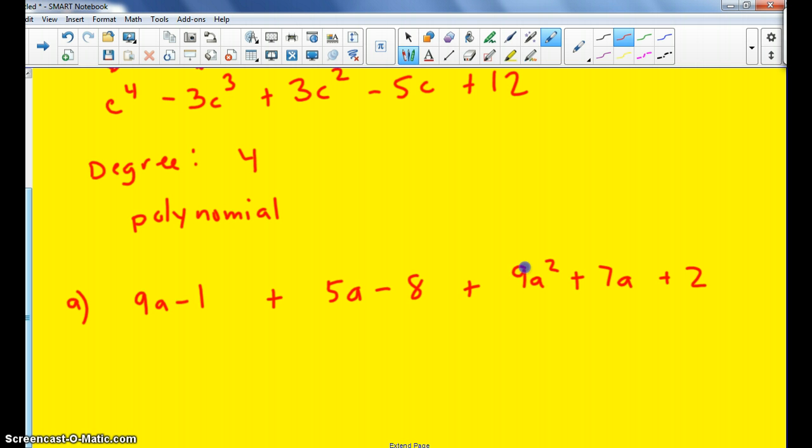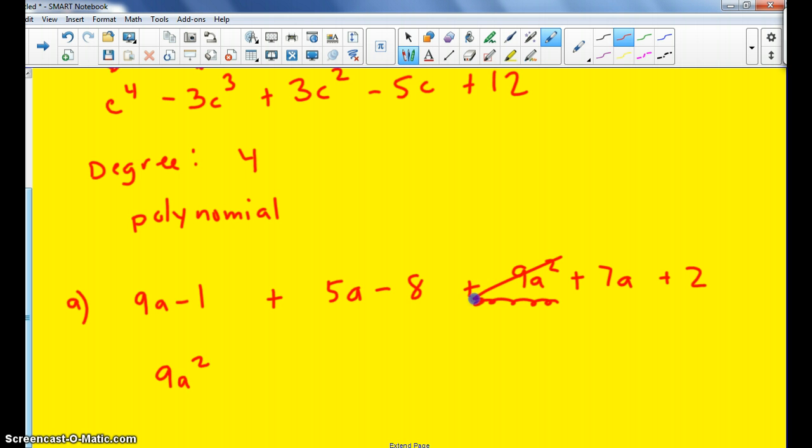All right, so Jacob, you tell me what to do. Starting with which one? Well, which one's the highest exponent? All right, is there anything like 9a squared? So I bring it down and mark it out.